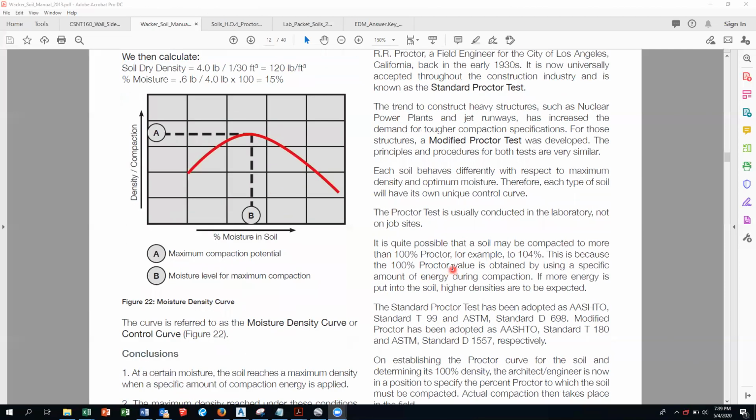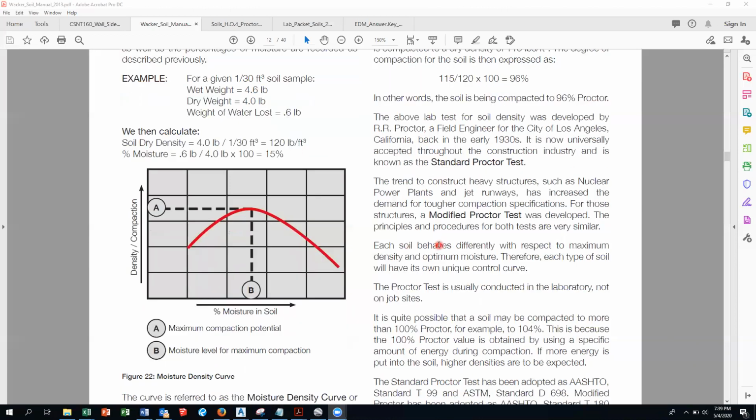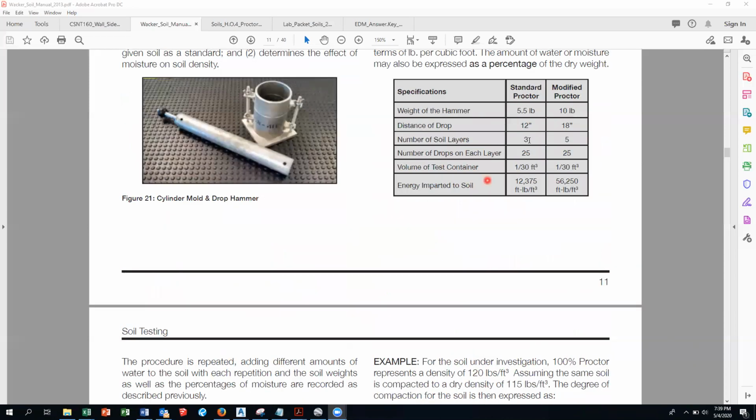You can get more than 100% Proctor. We'll talk about that down the road. Again, the modified Proctor uses a 10-pound hammer, the standard Proctor a 5.5 pound. The modified Proctor drops 18 inches, the standard Proctor drops 12 inches.